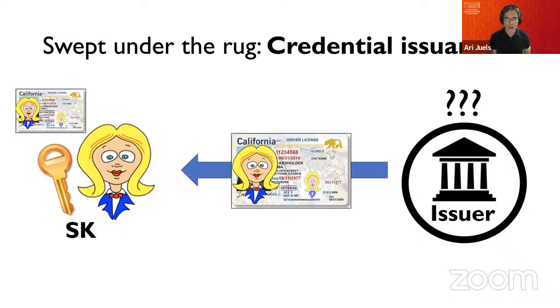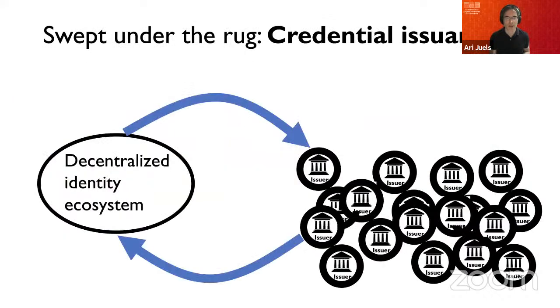But where are these issuers going to come from? It's unlikely that the Department of Motor Vehicles in the state of California is going to become an issuer of decentralized identity documents until there's a decentralized identity ecosystem in place already, right? Until there are users of these documents.